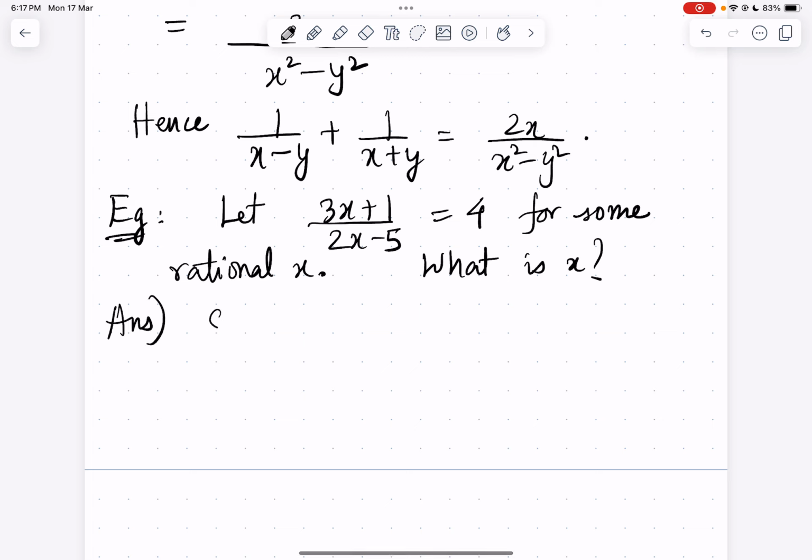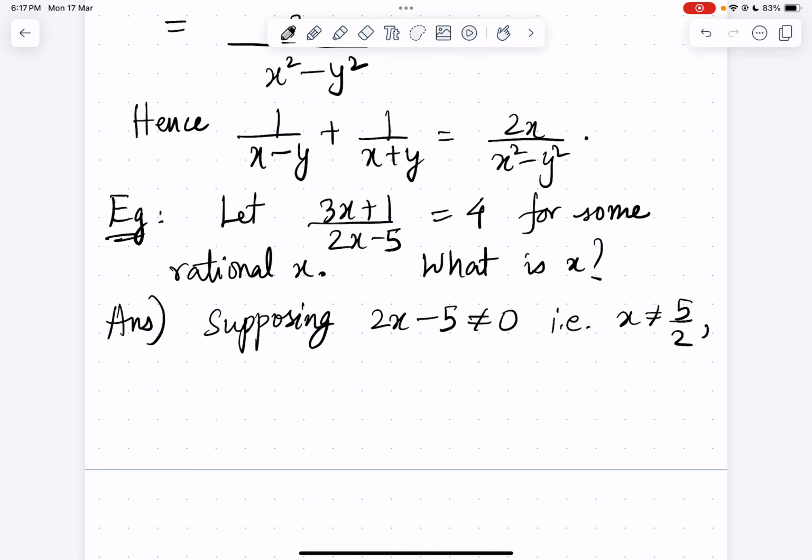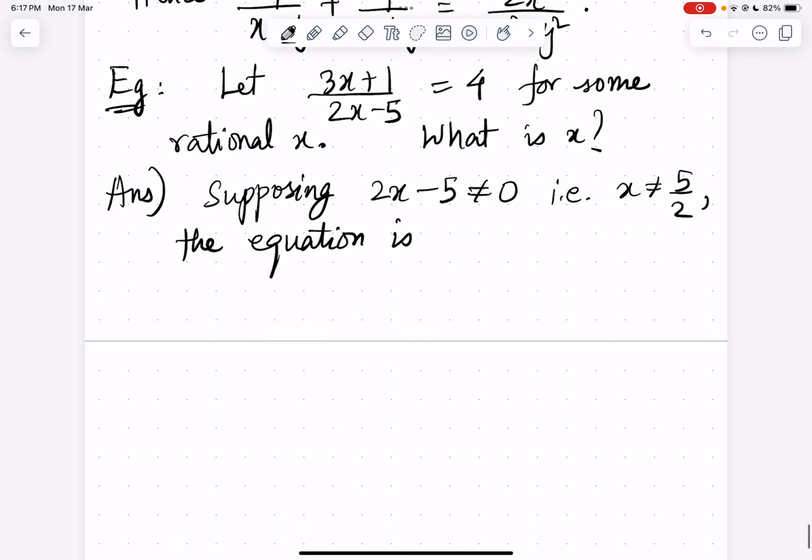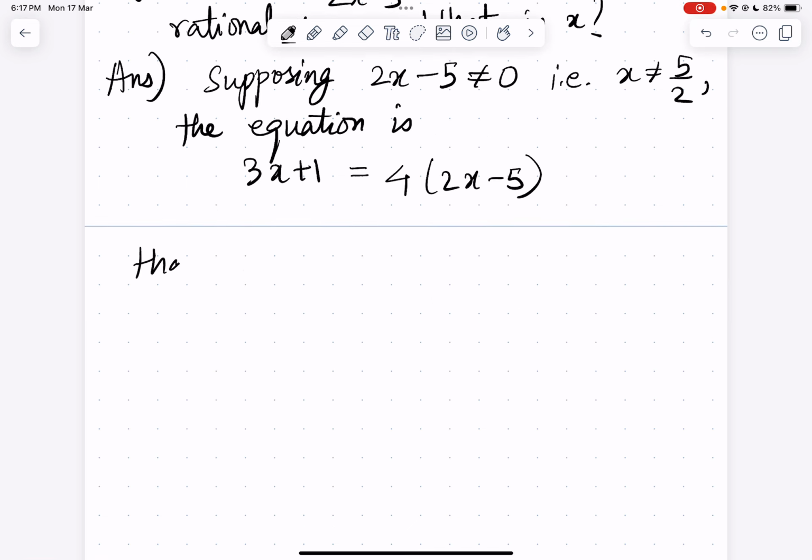Supposing 2x minus 5 is not equal to 0, that is x is not equal to 5 by 2, the equation is 3x plus 1 equals 4 times 2x minus 5, that is 3x plus 1 equals 8x minus 20.